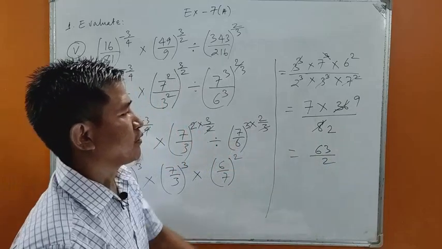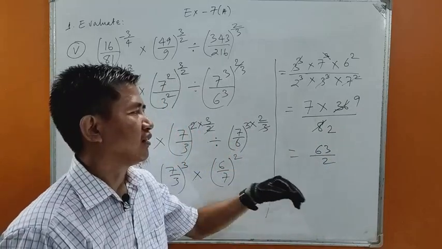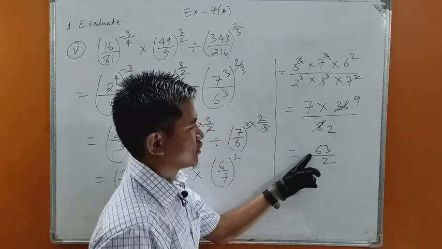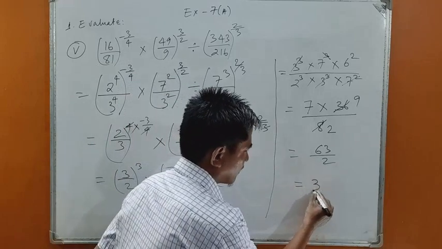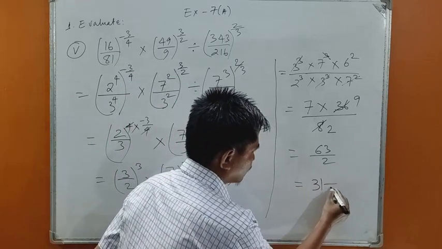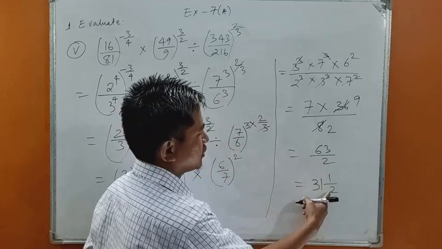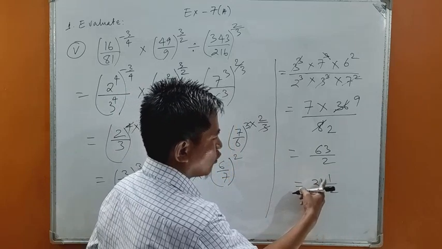Now this is also an improper fraction, so we must convert this into either decimal or mixed fraction. If we want to convert this into mixed fraction, then it happens 31 whole 1 upon 2. 2 31s are 62 plus 1, 63 upon 2.